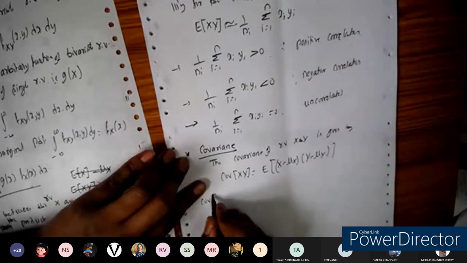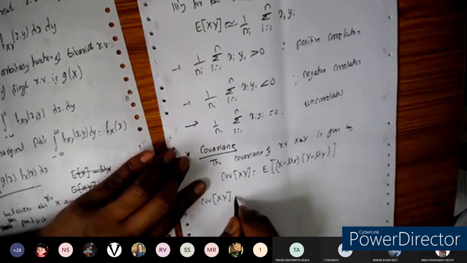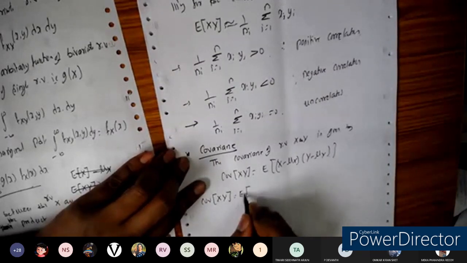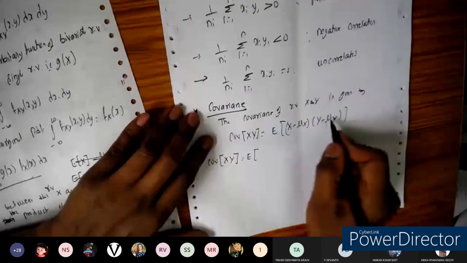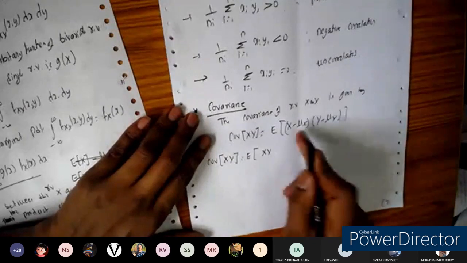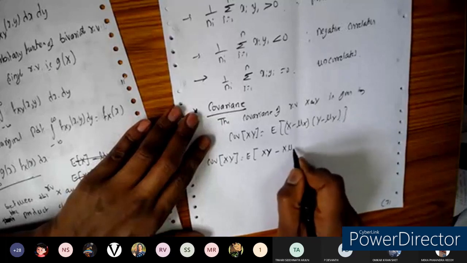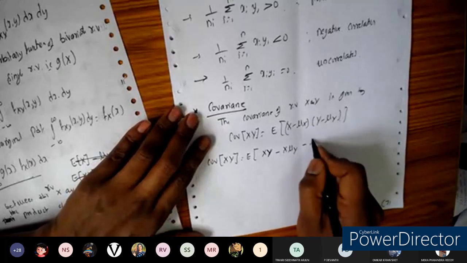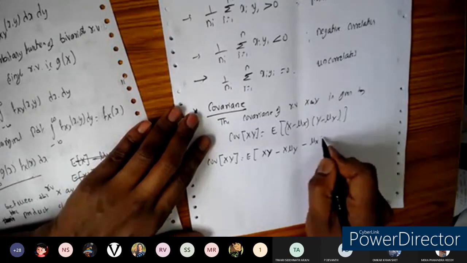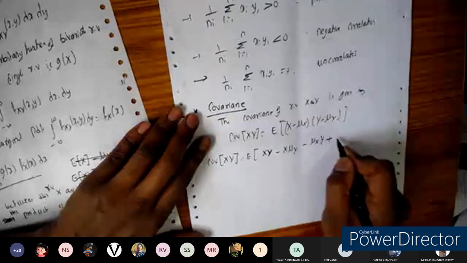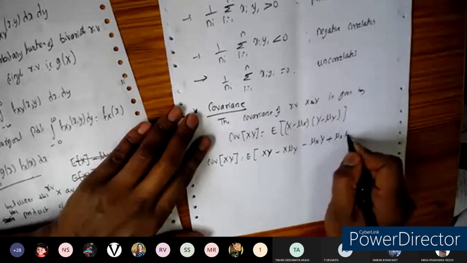Let us expand the right-hand side by taking the product. x into y becomes xy; x into minus nu y gives minus x nu y; minus nu x into y gives minus nu x y; and minus into minus gives plus nu x into nu y.